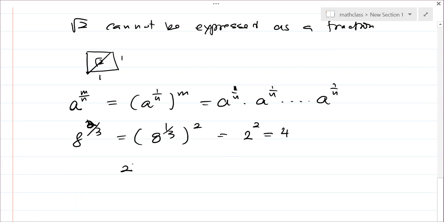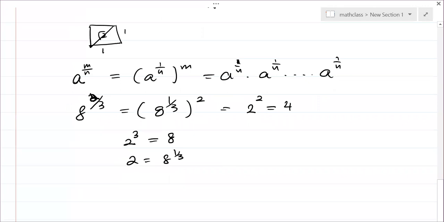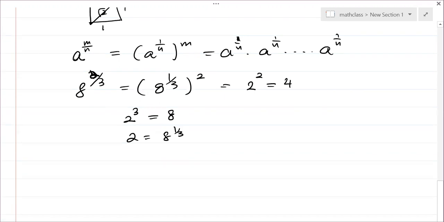Because we know that 2 cubed is 8. By definition, there's only one number whose cube is going to be 8, and that number is denoted by the third root of 8.